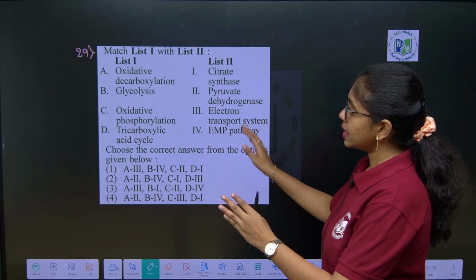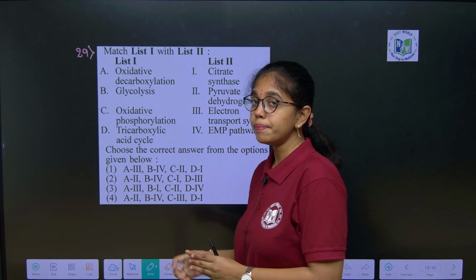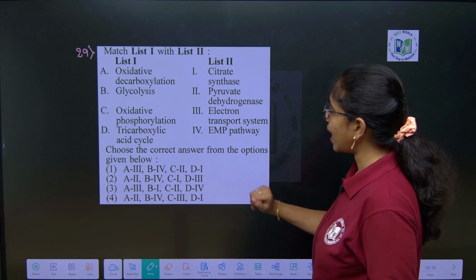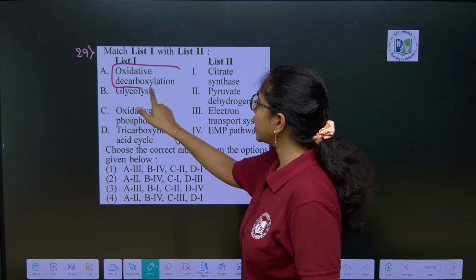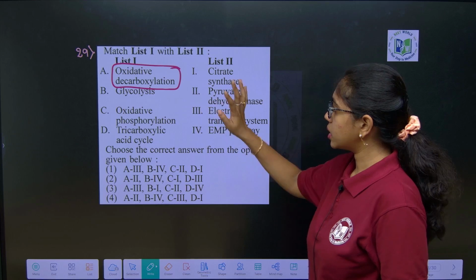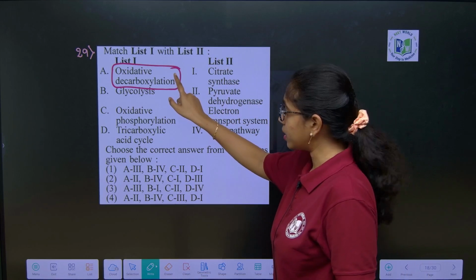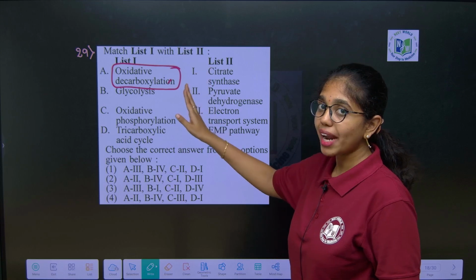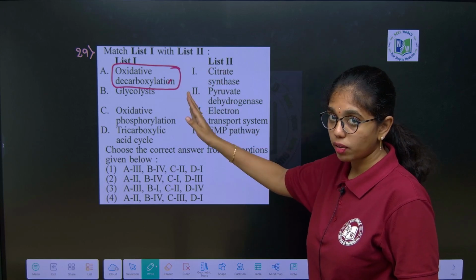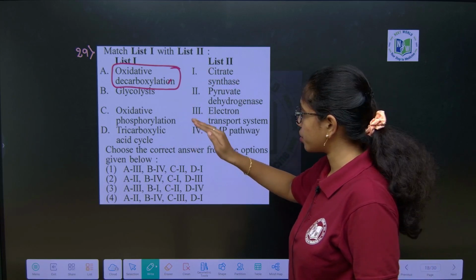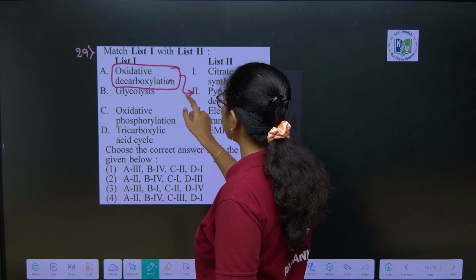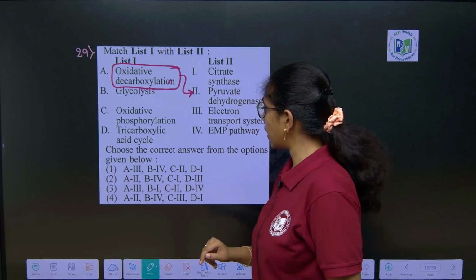Next, this is again a match the following question from this chapter, plant physiology, respiration in plants, where oxidative decarboxylation is mediated by an enzyme, and this takes place in the mitochondrial matrix immediately after glycolysis in aerobic respiration, wherein oxidative decarboxylation needs the enzyme pyruvate dehydrogenase.